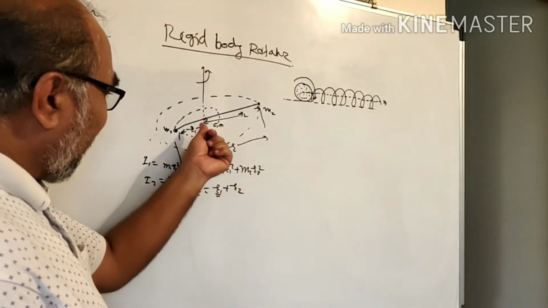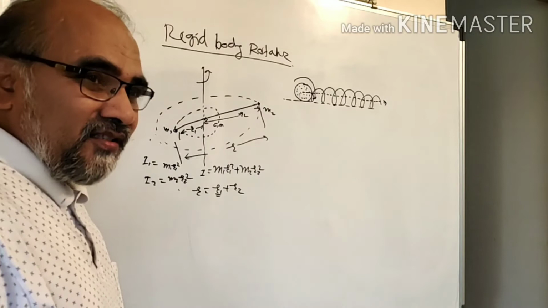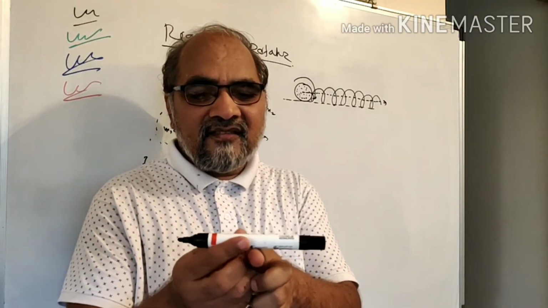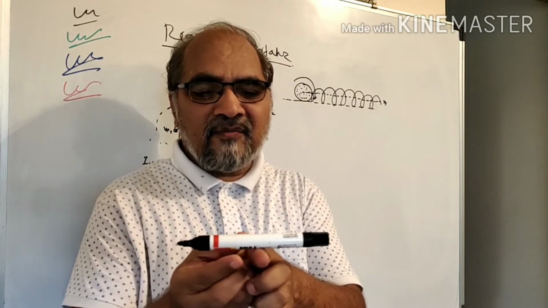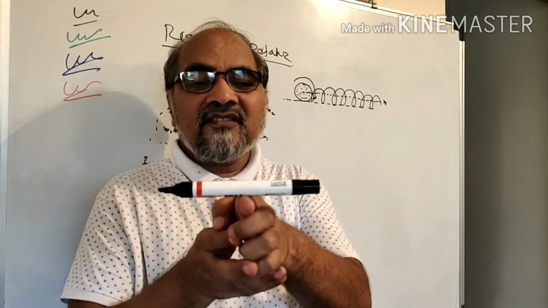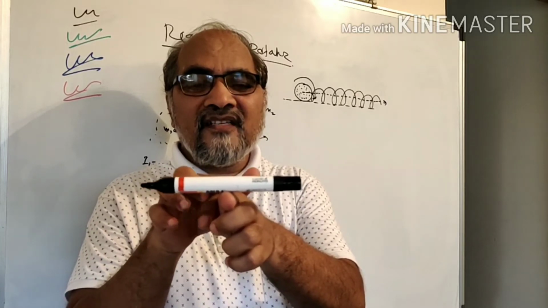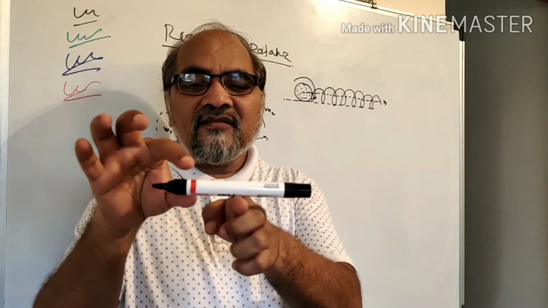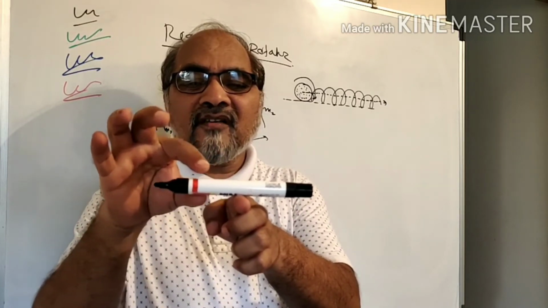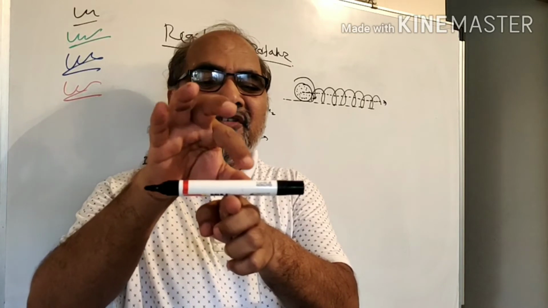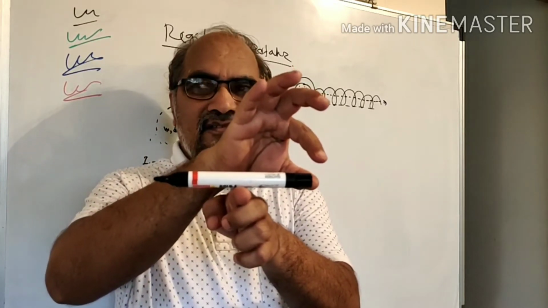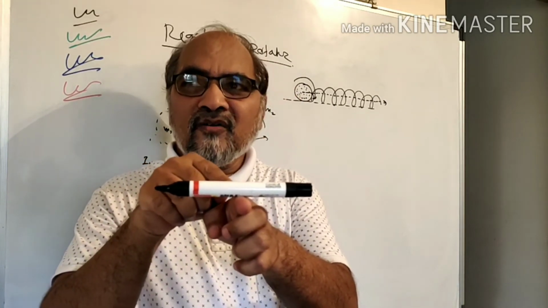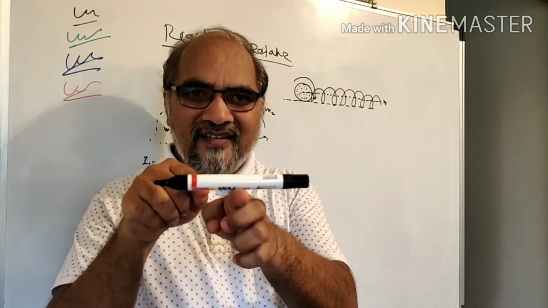Around the center of mass, the mass is equally distributed. Suppose this is a pan, and suppose this is the center of mass. Now these two branches are balanced at this point. Why? Because the distribution of mass on the left side and on the right side is equal around this center of mass, and therefore it is balanced.